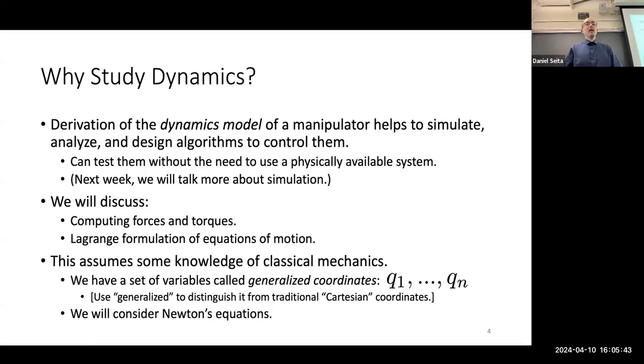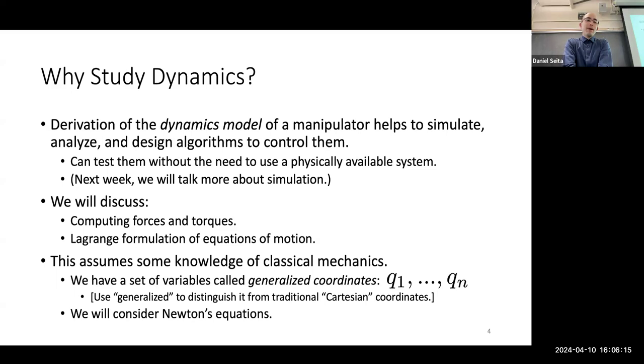All right, so today and also next week, we will be talking about dynamics. So the first thing you might ask is, why do we study that? When we talk about the dynamics, what we mean is trying to characterize the equation that describes the motion of a robot. As you might imagine, things are most easily done when the robot is simple, and when it gets more complicated, you have to use automated software to handle it for you.